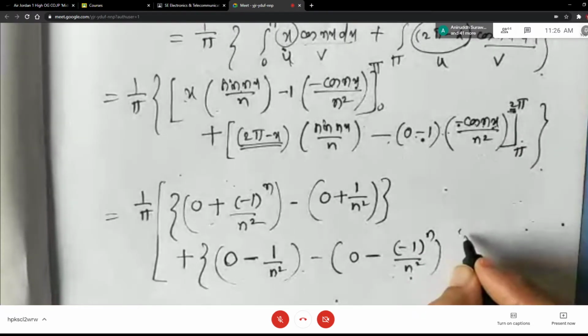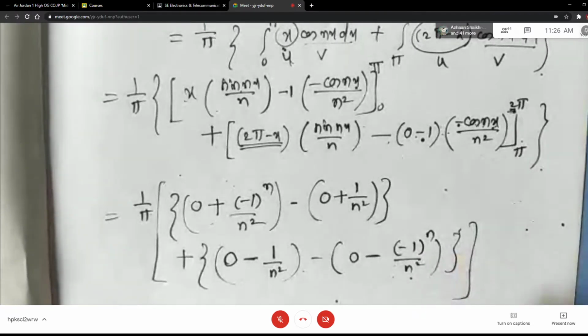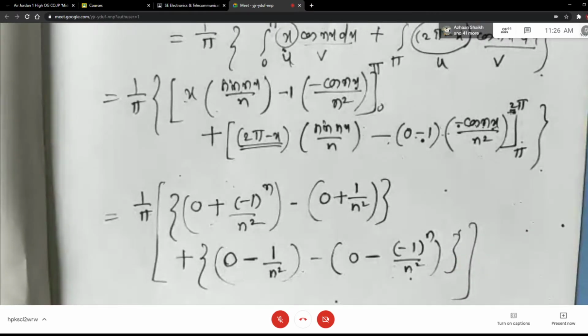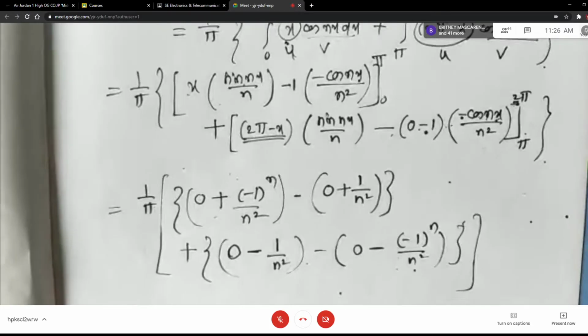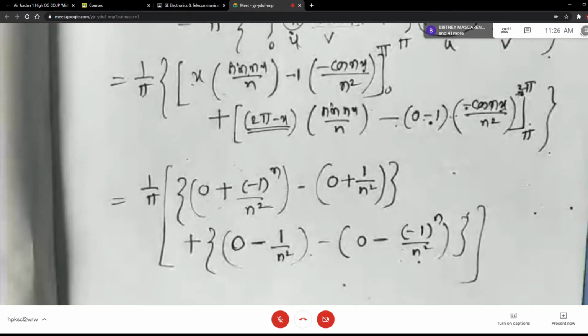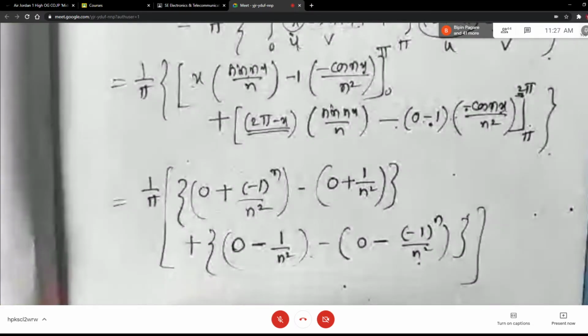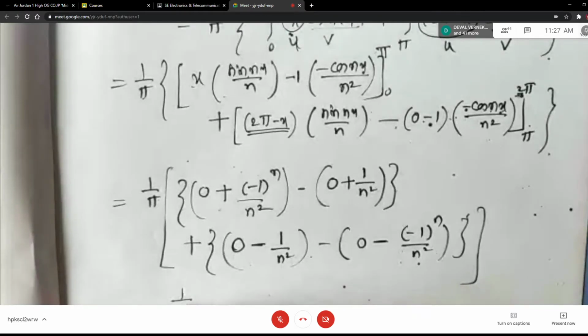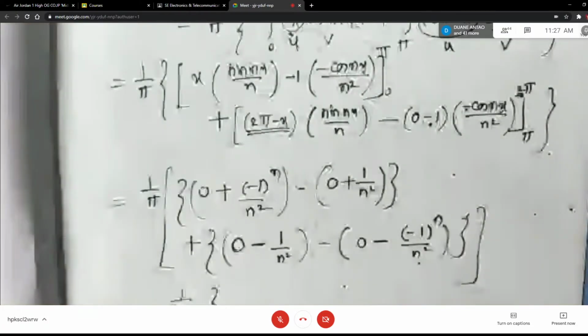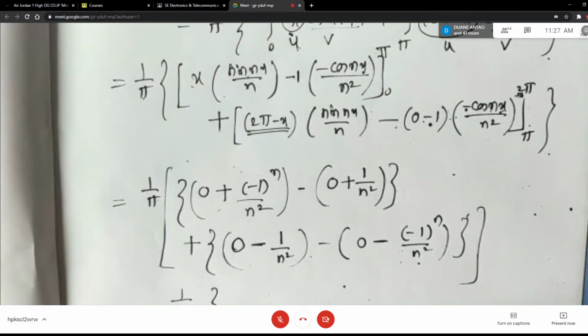So very carefully you have to put the limits. And now see what you get. 1 by pi, which I'm not touching at all. Is anything getting cancelled? Or will all terms remain?